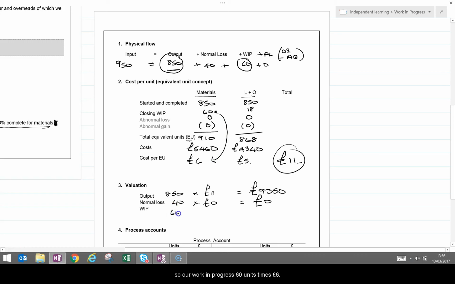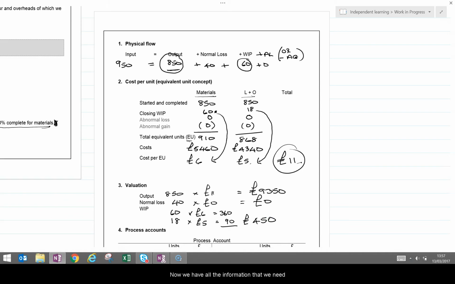So our work in progress, 60 units times £6. Now look at our labour and overheads. We have the equivalent of 18 units of work in progress, and the labour and overhead cost per unit is £5. So we do 18 times 5, which is equal to £90. So our total work in progress valuation, £450.